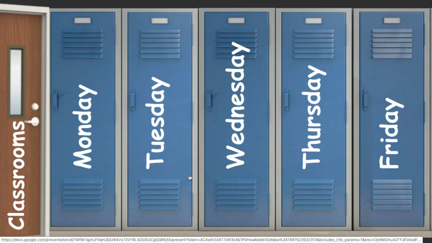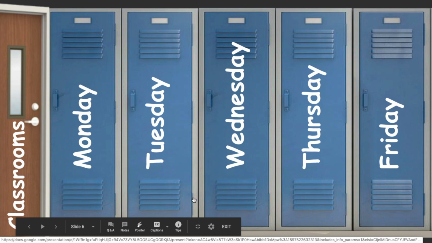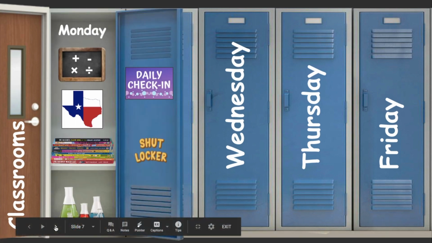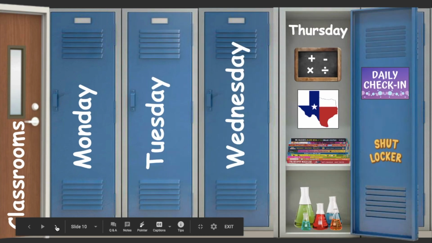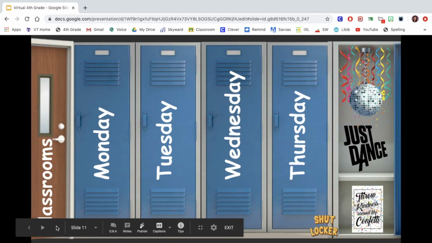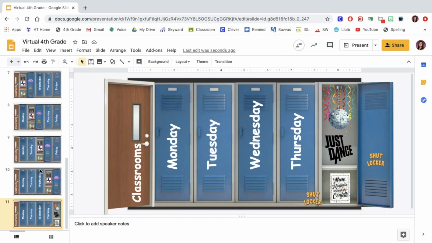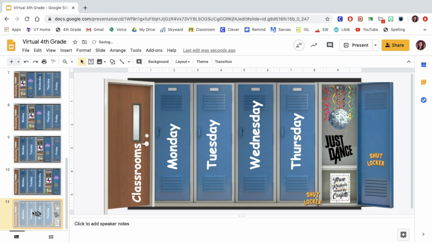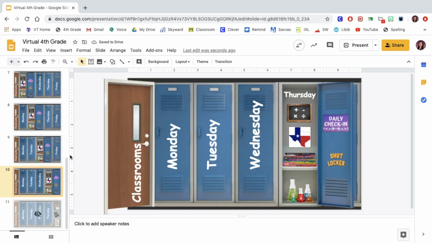But the problem is you can still use the arrow keys to go to those other slides. So I'm going to show you one more step to make sure students can't do that. So when you want them locked, you'll just go to Slide, Skip Slide, and it'll show you really obvious that students can't see that.